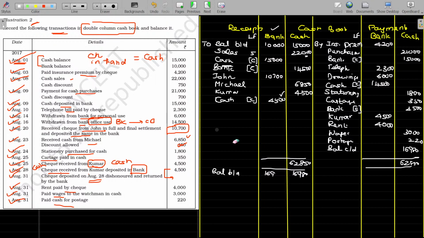Now similarly in the case of bank, is there anything omitted?